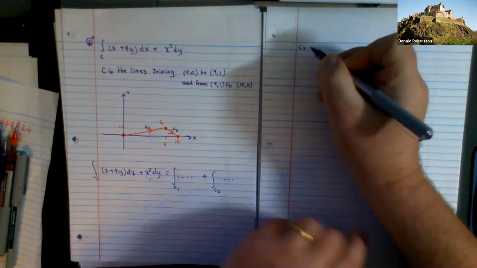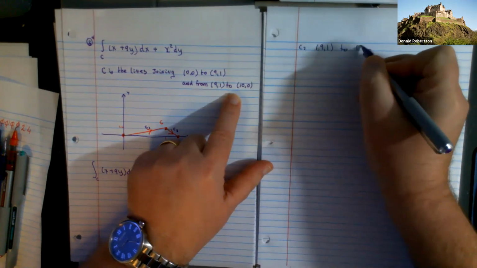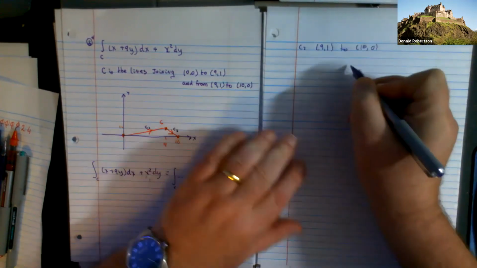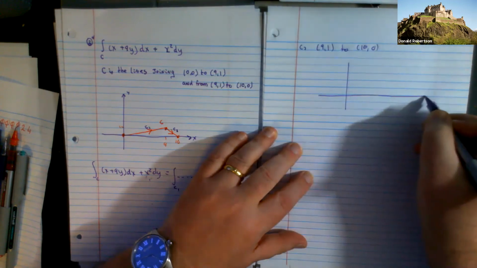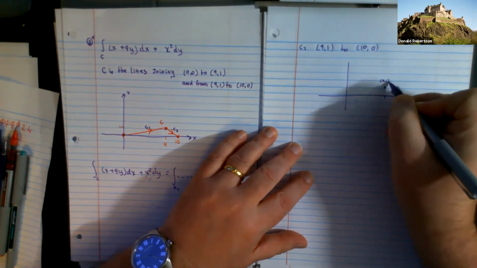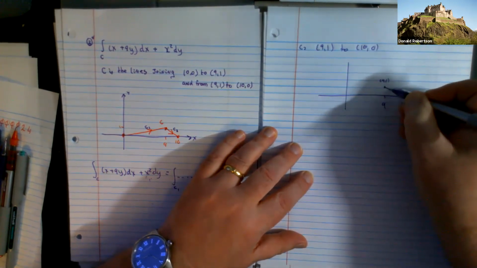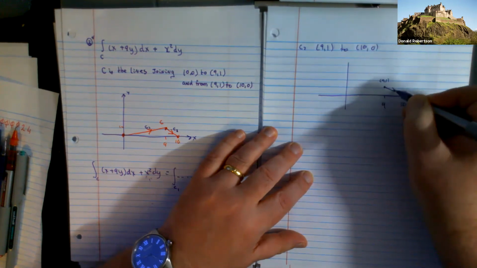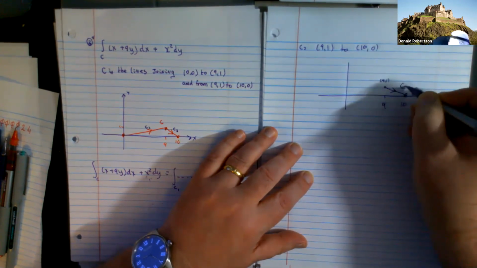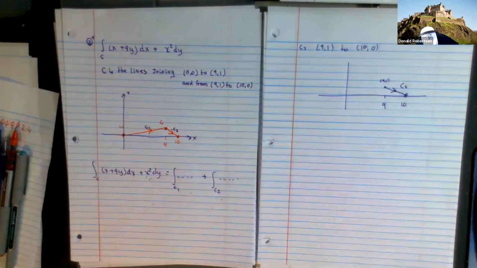Now, what does C2 look like? It goes from 9, 1 to 10, 0. Imagine 9, 1 is here and 10, 0 is here. And so we need to go through pretty much the same process.